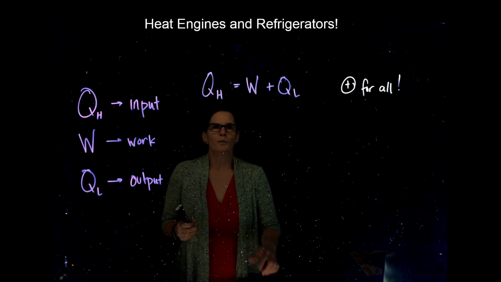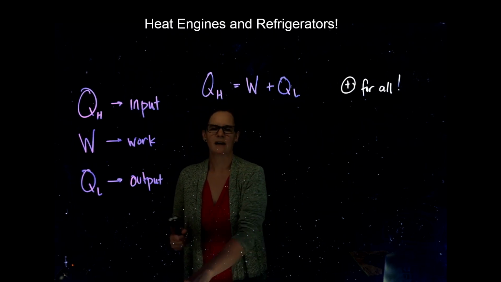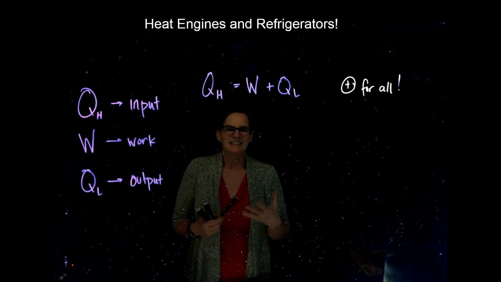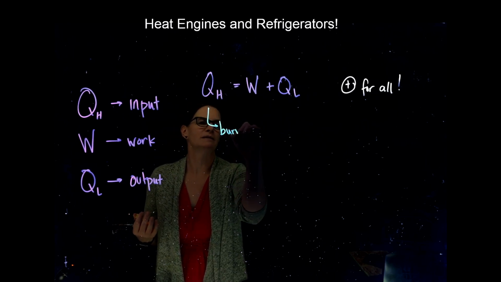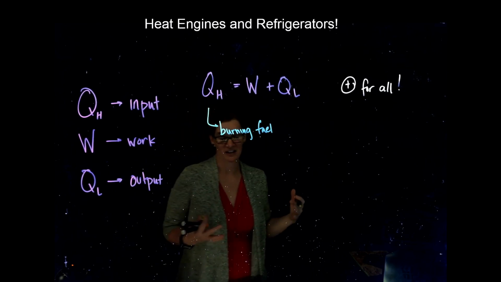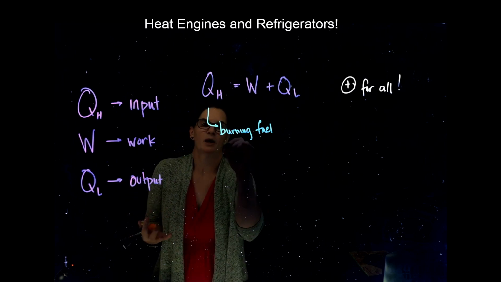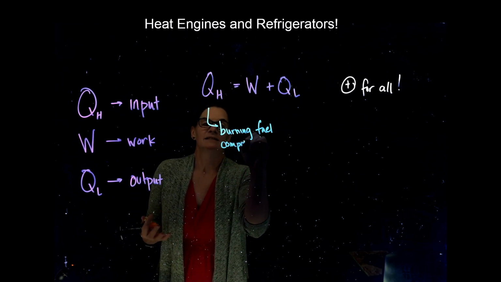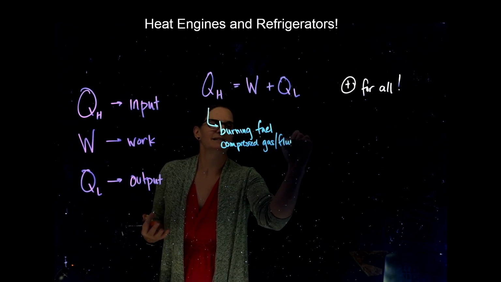Okay, so where does this heat come from? Well, that's the heat that we've obtained perhaps by burning fuel, like in a steam engine or a combustible engine. Or perhaps this is the heat from a compressed gas or a compressed fluid, right?